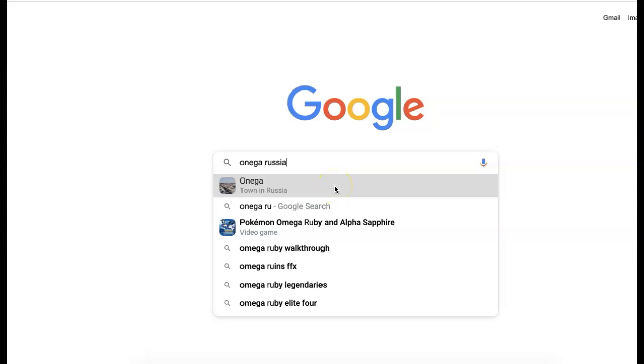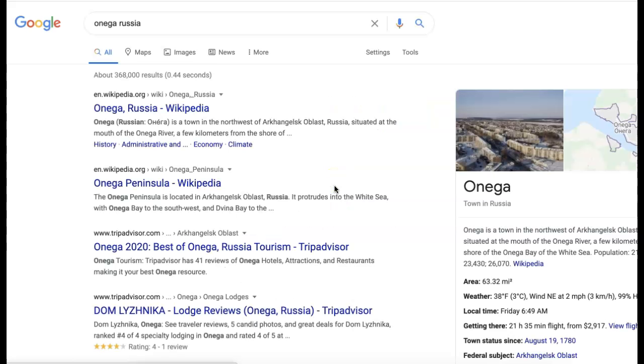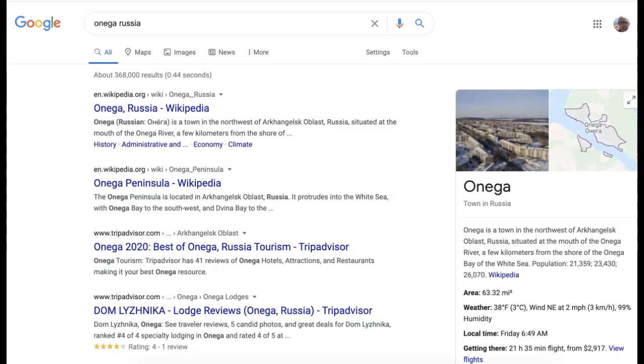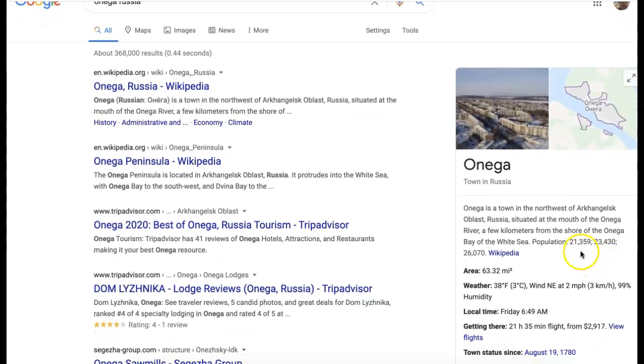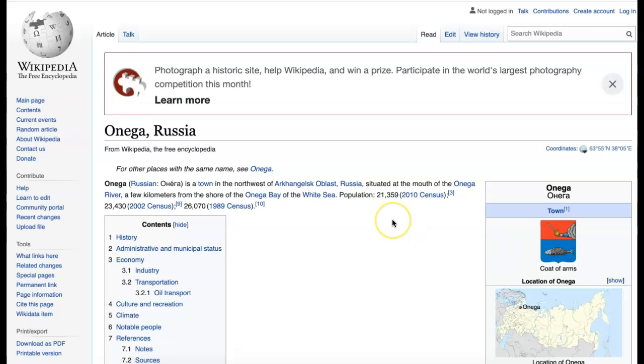Onega, town in Russia. Cool, what can I find? Well, I have found that the population is 21,359. Although it's got some different populations sitting there. Interesting.